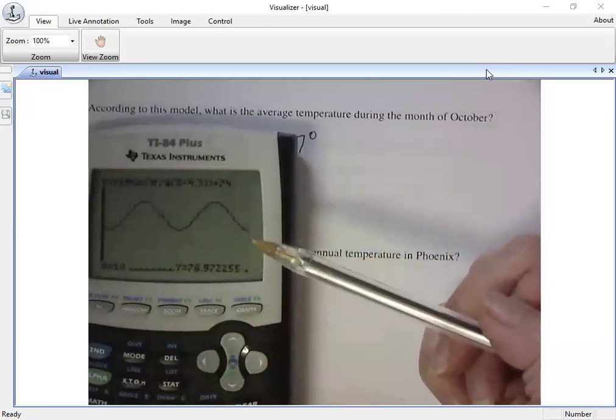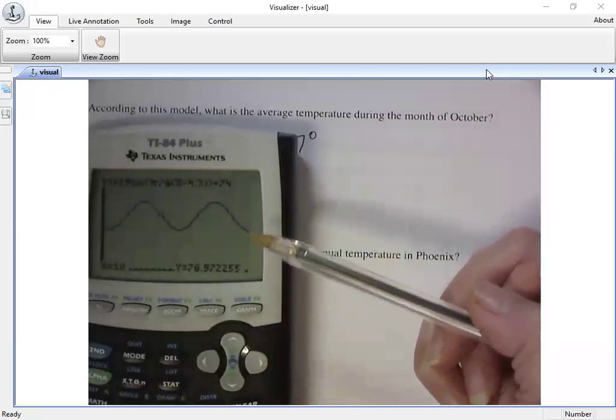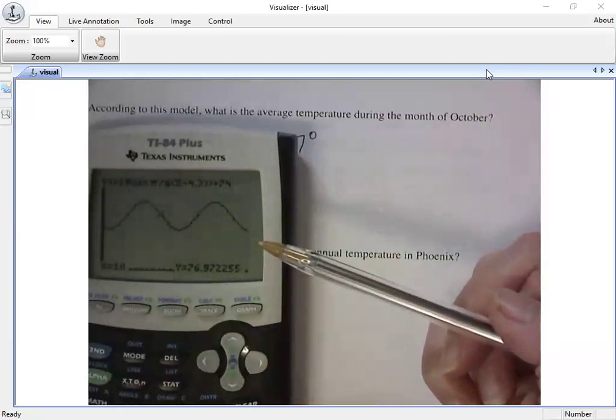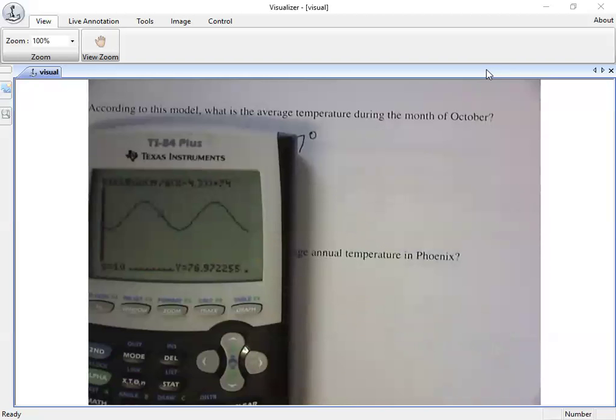So what might be a good way to get the average? If you take the lowest monthly temperature and the highest monthly temperature and get the average of those, that should be my average temperature for the year.